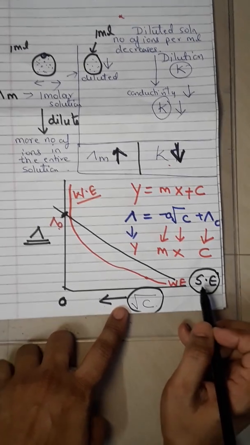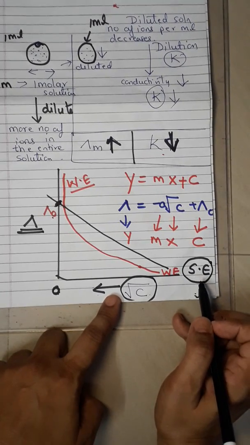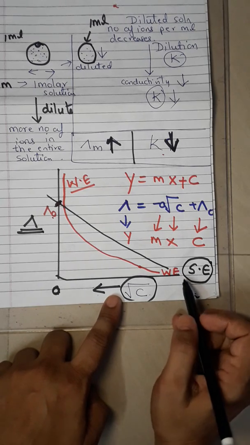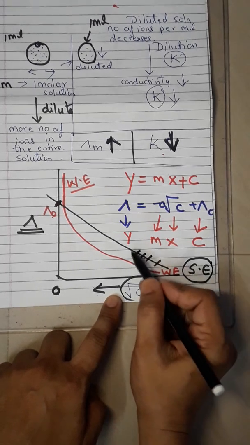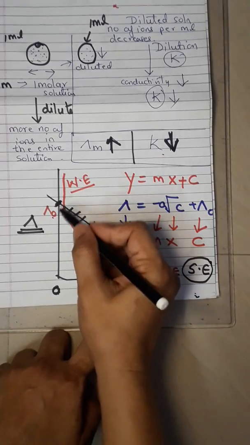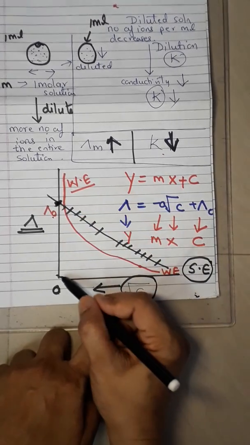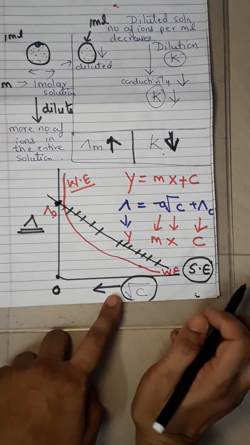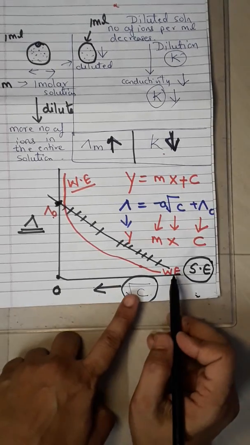For a strong electrolyte, when you add water, more ions will be there and the molar conductivity will shoot up very quickly, and hence this line touches the y-axis when concentration becomes 0.